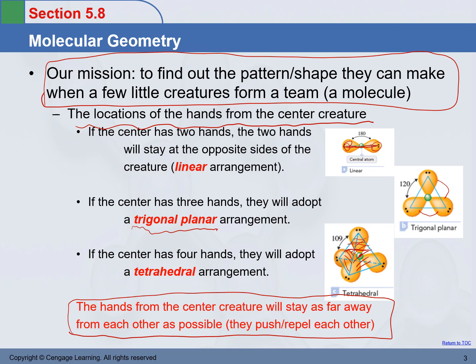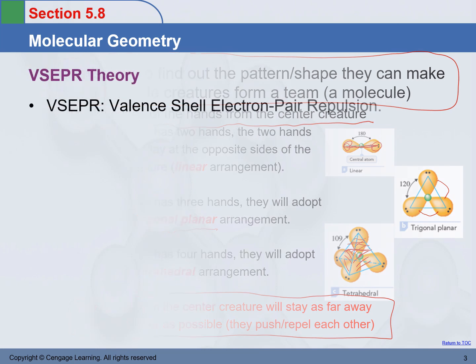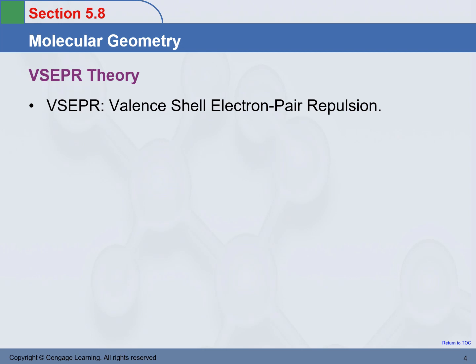We are focusing on the center right now. VSEPR theory is the tool we can use to figure out how many hands there are for the little creature in the center, or how many electron groups are there on the center atom.